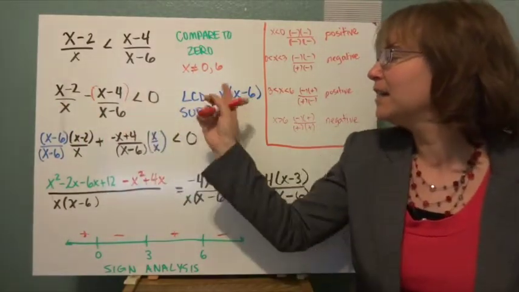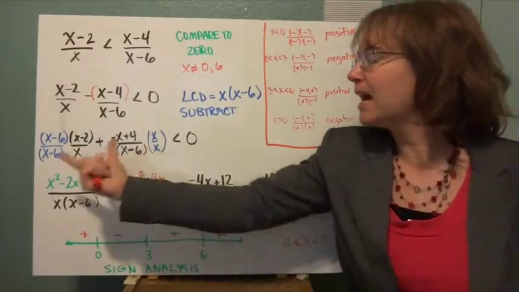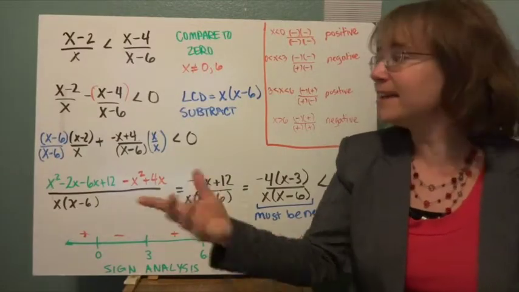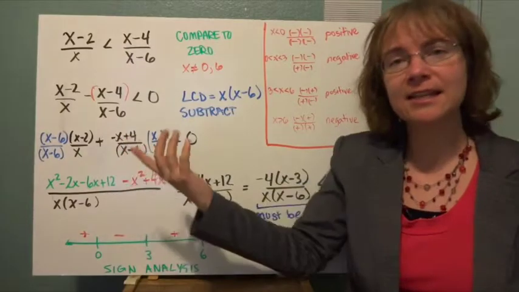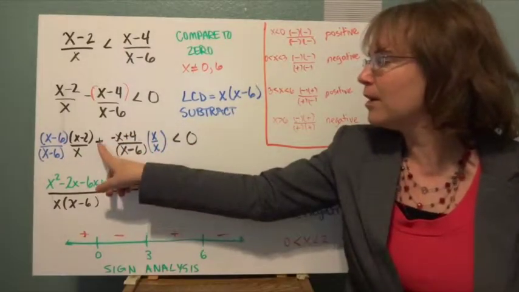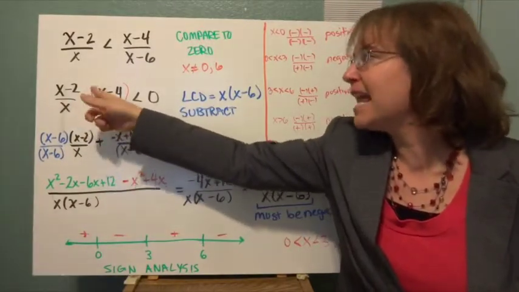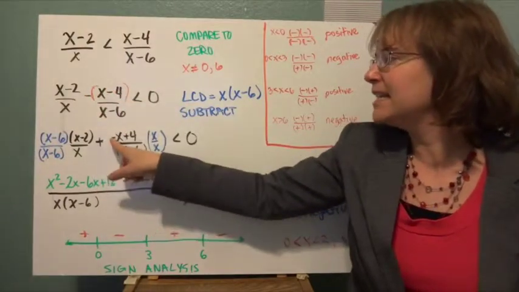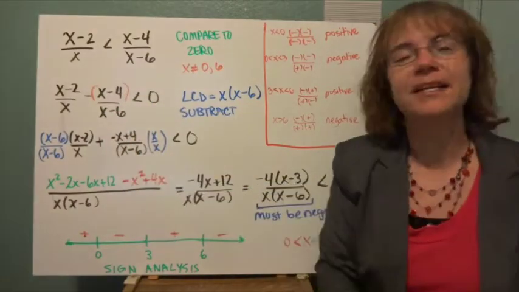So now I can find my least common denominator, but instead of multiplying everything by it, I can go ahead and find a common denominator and then subtract, or add in this case. Because I'm going to rewrite this subtraction problem, like I did when I was adding rational expressions, into an addition problem. So this is just plus a negative of this, and then distributing the negative, I have plus negative x plus 4 over x minus 6.